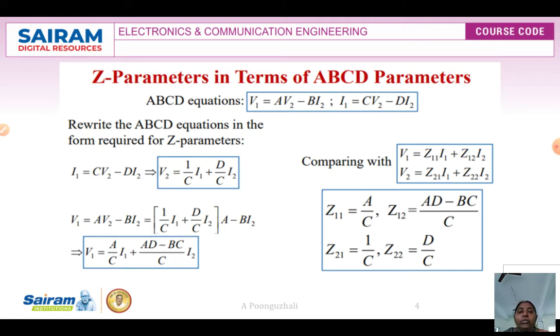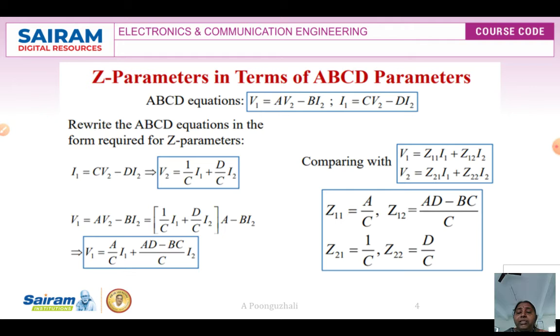Now we substitute this V2 equation into the V1 equation. V2 is nothing but 1 by C into I1 plus D by C into I2, multiplied by A, minus B I2. If I simplify it, V1 is equivalent to A by C into I1 plus (AD minus BC) by C into I2.